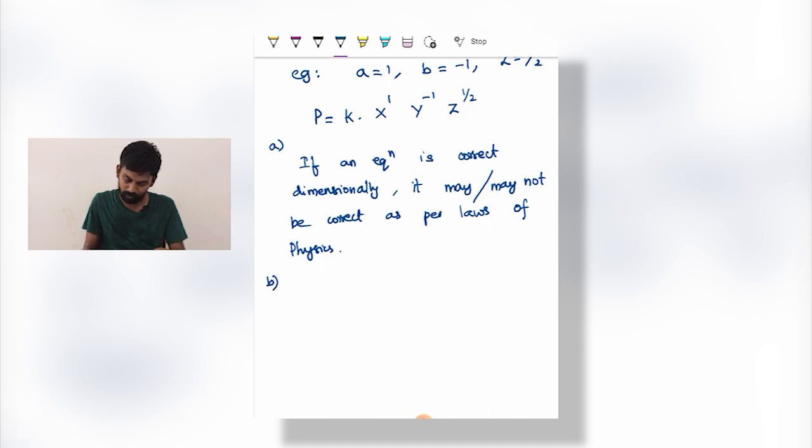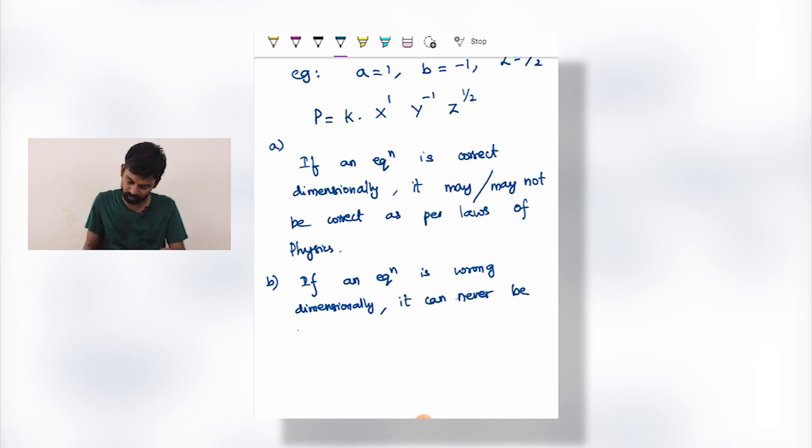Second one, if an equation is wrong dimensionally, it is not satisfying the dimensions, LHS dimensions are not equal to RHS dimensions, then it can never be correct according to the laws of physics. It can never be correct as per physics.